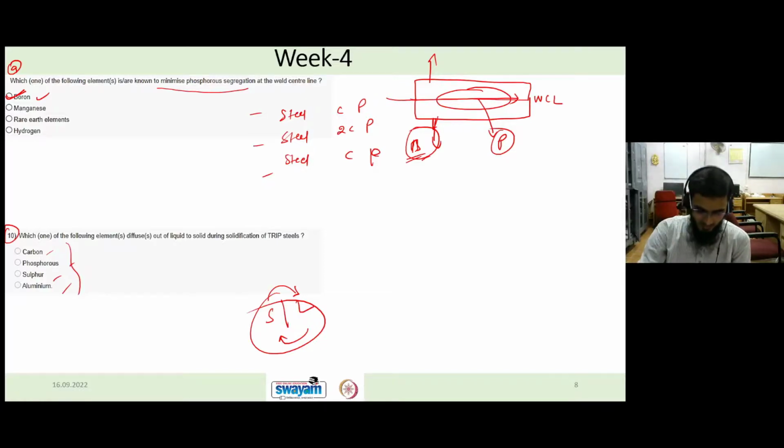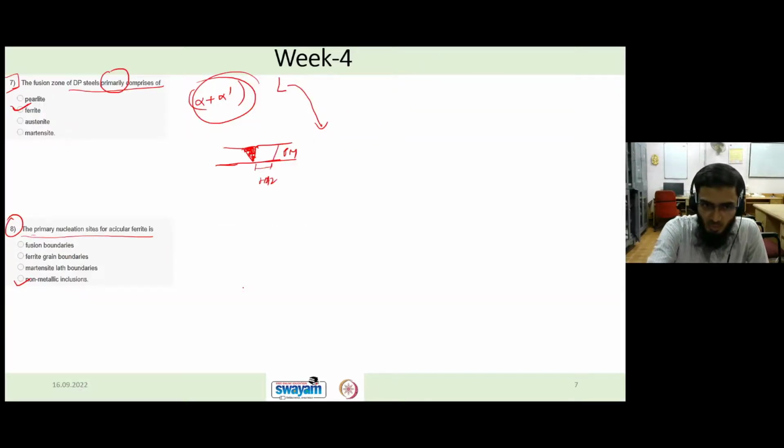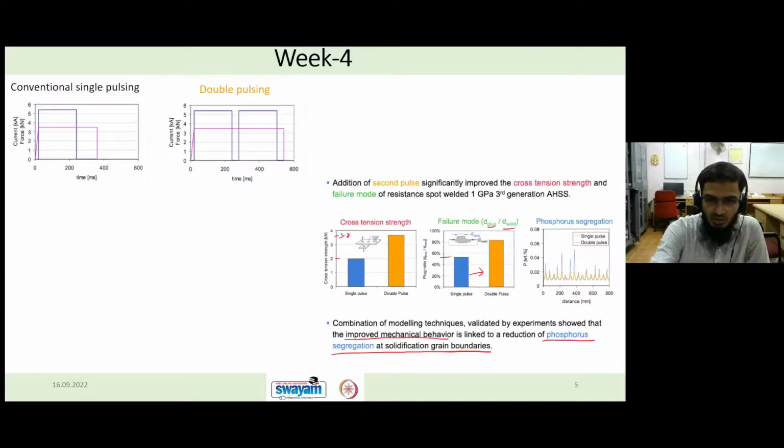So the right answer is aluminum, correct. This aluminum basically partitions from liquid to solid, and that solid is nothing but delta ferrite. In the earlier problem itself, I told you about this microstructure.